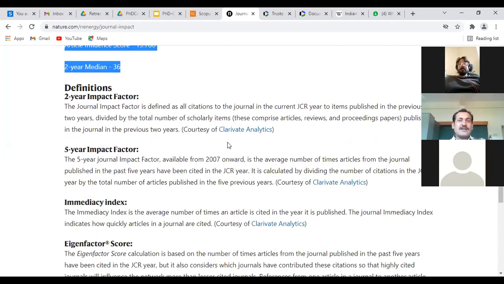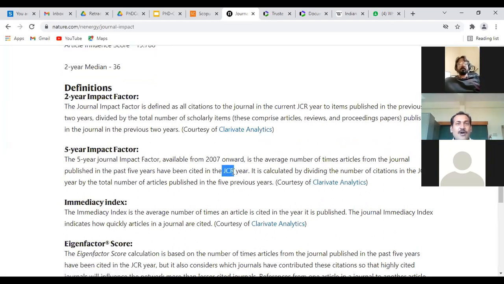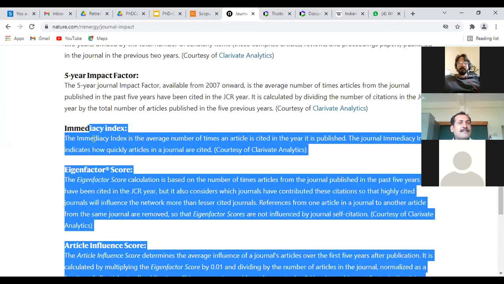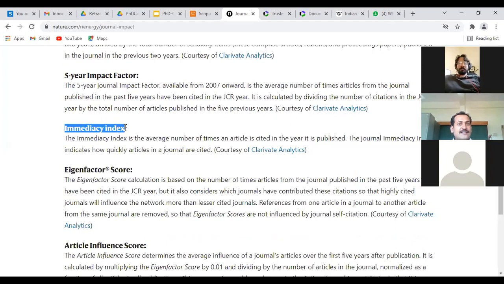So this 2-year impact factor is given by Clarivate Analytics, again by the Web of Science, right? They are publishing this Journal Citation Report, and from this JCR report we can extract these impact factors of journals. Nowadays, a new term is there, that is immediacy index.